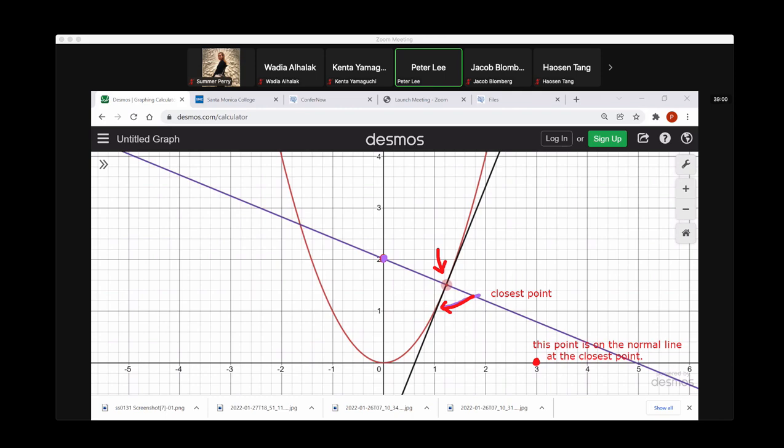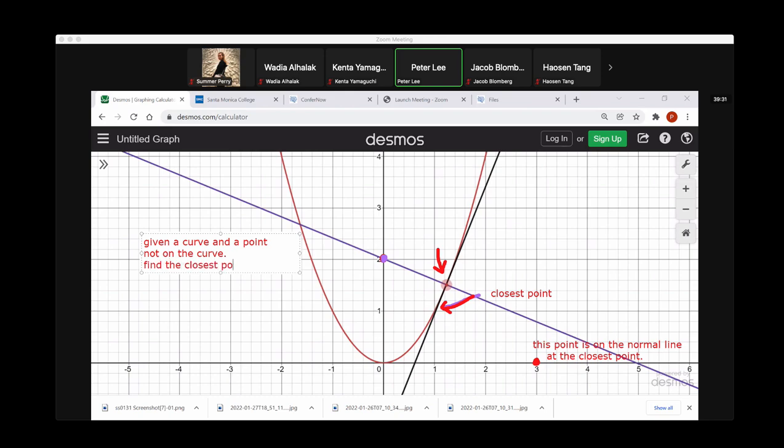Finding the closest point has two ways. What I'm trying to say is this: given a curve and a point not on the curve, how do you find the closest point?